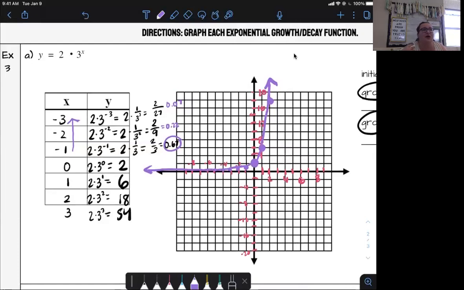Like if you started with 2 grams of flour, you're not going to go to that negative side with time, but it might get closer and closer and closer to 0, but it's never going to go below 0.